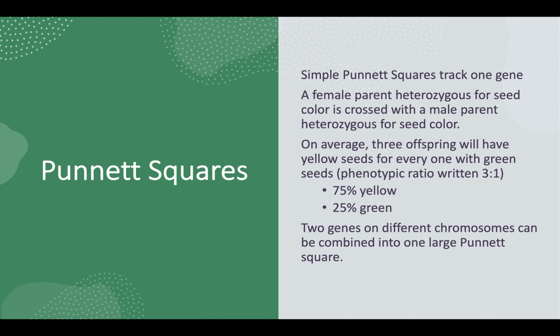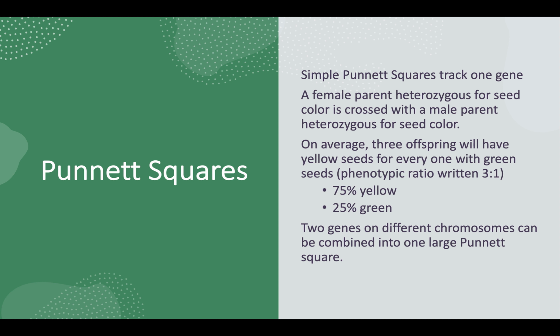But, so if we cross a heterozygous female and a heterozygous male, that would mean, if we're using T's, we're again going to have a capital T and a lowercase t for the female, and another capital T and lowercase t for the male.